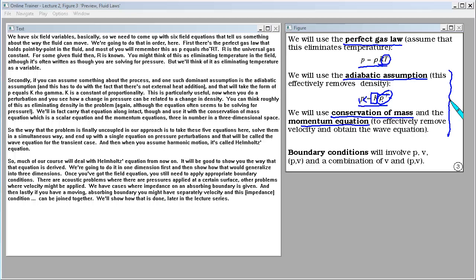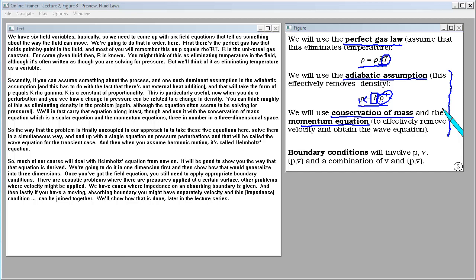And then when you assume harmonic motion, it's called the Helmholtz equation. So much of our course will deal with the Helmholtz equation from now on. It will be good to show you the way that that equation is derived. We're going to do it in 1 dimension first, and then show how that would generalize into 3 dimensions.